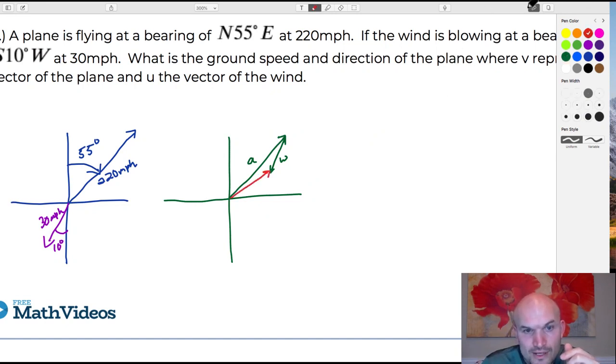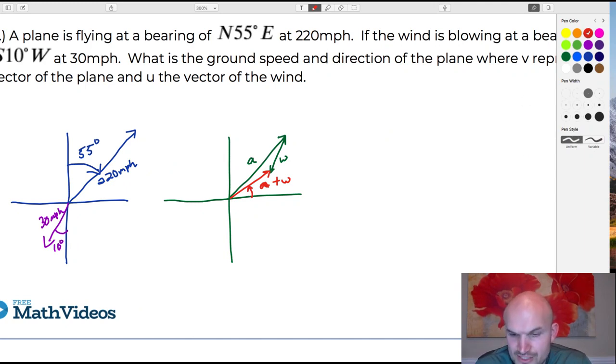We're looking for A plus W, where A represents the airplane and W represents the wind. If we're going to find the speed, the magnitude is going to be the speed. So the speed is going to be the magnitude of A plus W, and the direction is going to be the direction from there to there. So we can just figure out that vector and then find the angle of that vector.